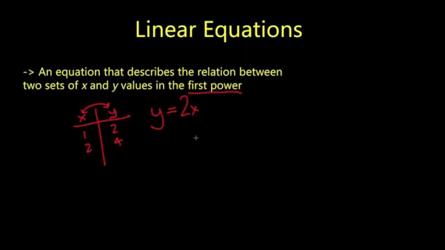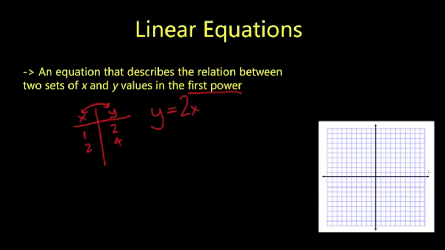Now you may ask why this is called a linear equation, and I'll show you that in a second. We've got this graph here, and we're going to plot our x values on the x-axis and our y values on the y-axis. So 1 and 2 is a point right there, and 2 and 4 is another point over there.